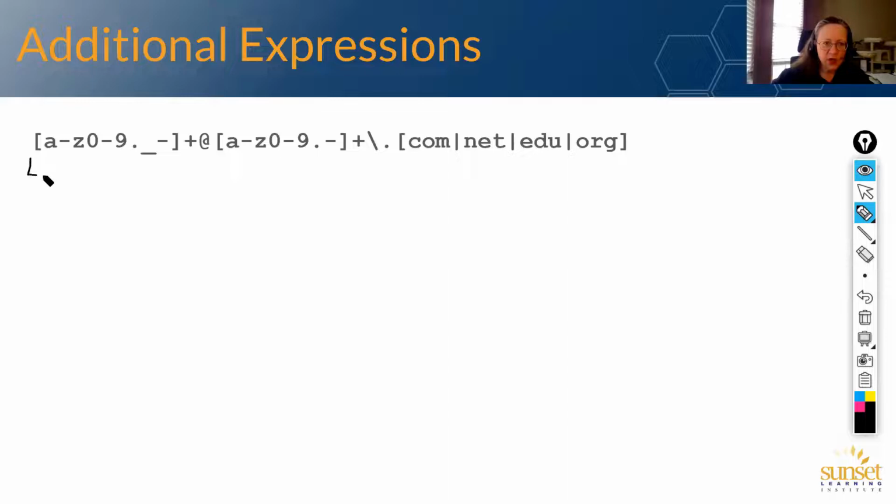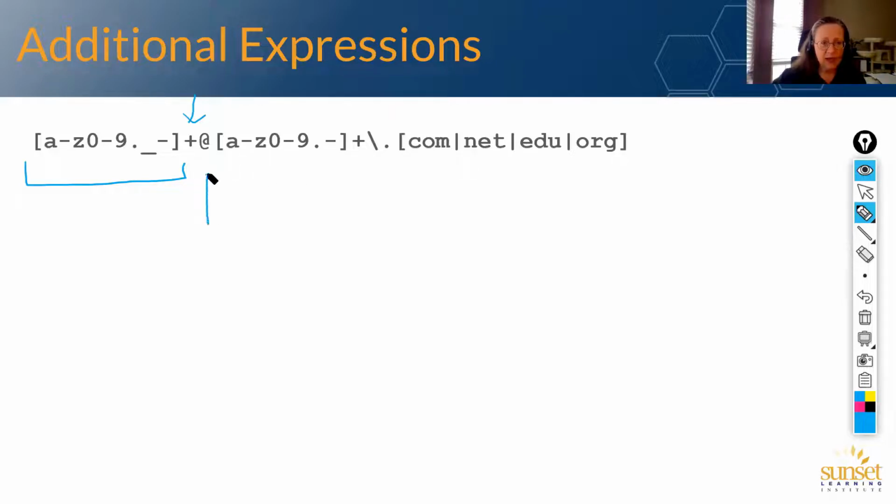Remember, brackets are a thing. I'm saying a character. And then I've got this programming character here saying one or more of the previous. That means inside these brackets is going to be a character, A through Z, 0 through 9, dot, underscore, dash. And I have to have at least one thing there, but it can be longer.